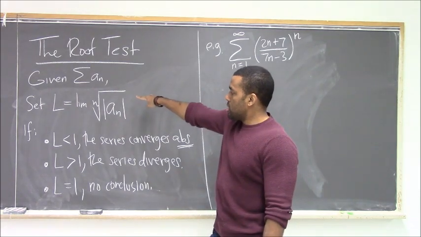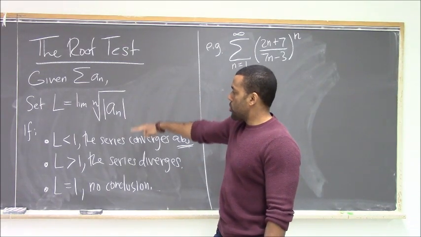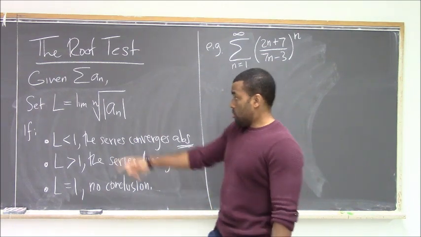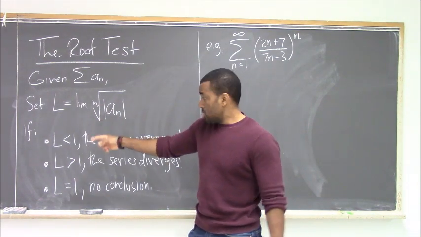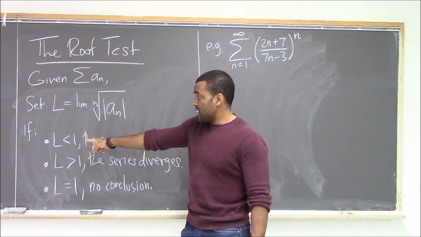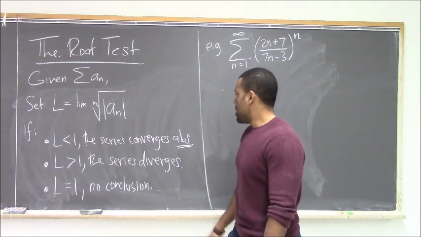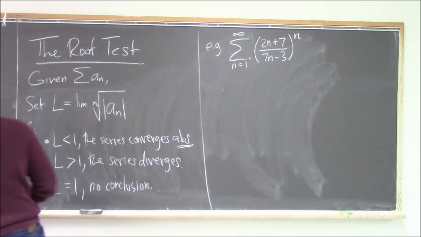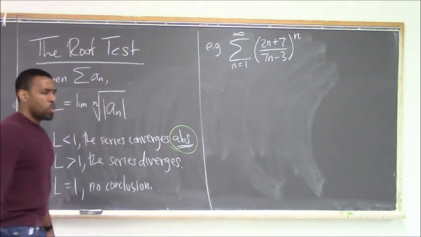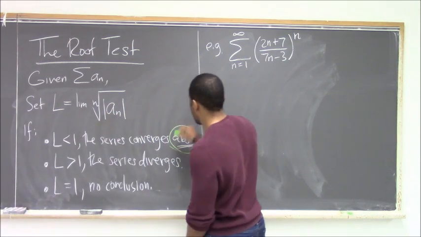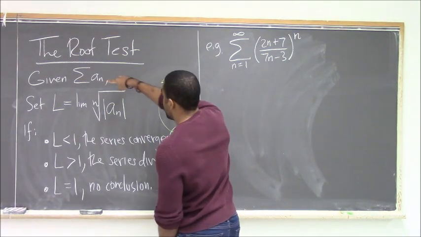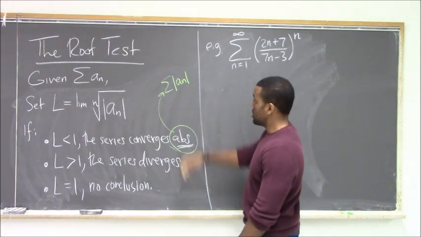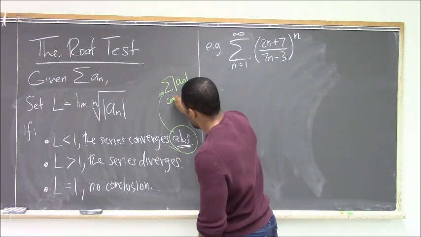When we're computing this limit, we can make 3 conclusions based on the result. So if the limit, which clearly has to be a positive number, is less than 1, then the series converges. Not only does it converge, but it converges absolutely. Now, remember what that means. That means that if I were to put each term in this series in absolute values, that would still converge.